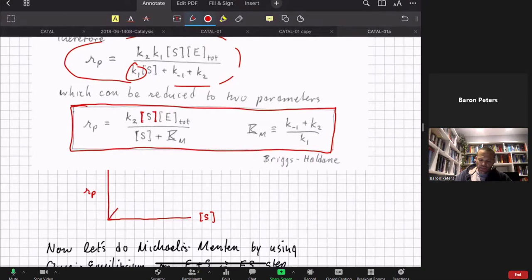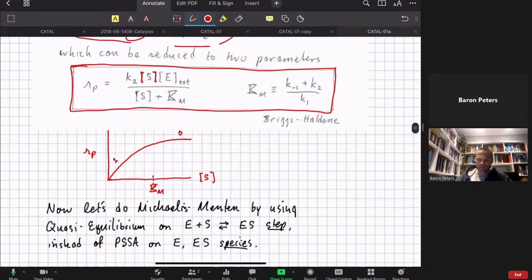But as the substrate concentration gets large, comparable to K sub m, then it's going to start to turn over and just look like it's approximately a reaction order of 0. This is the point K sub m along this axis where these two things switch. So here we have a reaction order of 1, and over here we have a reaction order of 0.